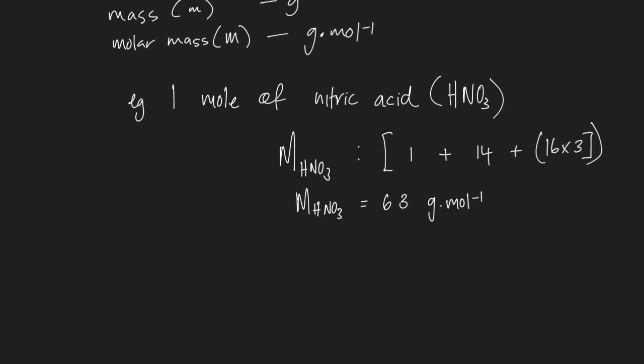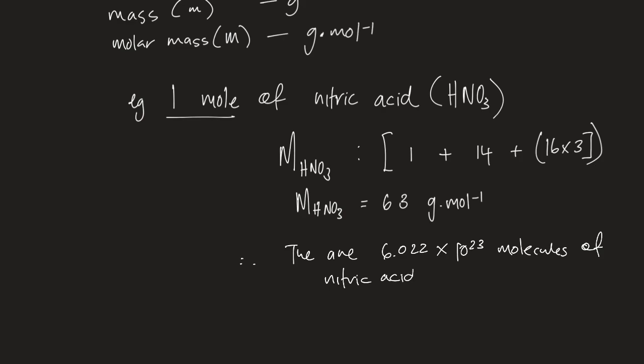That means, therefore, there's only 1 mole of it. Therefore, there are 6.022 times 10 to the power of 23 molecules of nitric acid. We're not looking at specific atoms, we're looking at molecules.